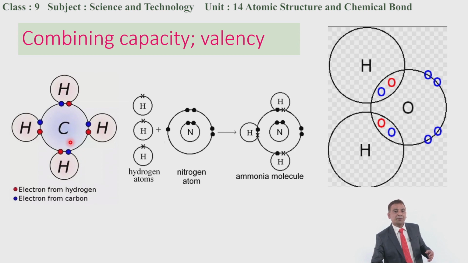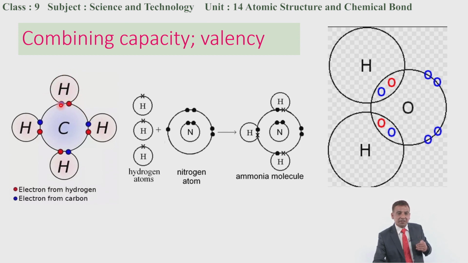So if you see this structure, you will find that hydrogen is attaining the duplet state, because hydrogen cannot accommodate more than 2 electrons in its valence shell. It has 1 electron of its own, but it is sharing an electron with carbon also. So you will find 2 electrons in the orbit of hydrogen.